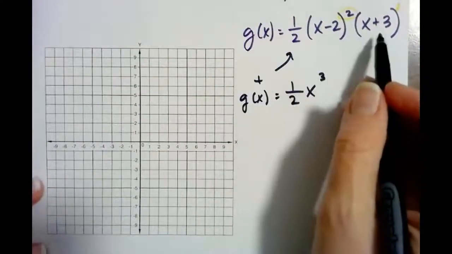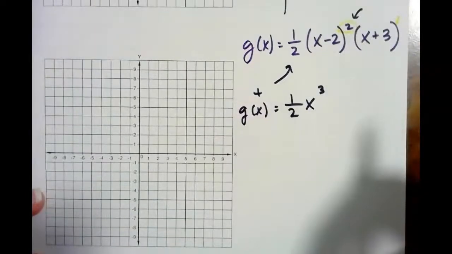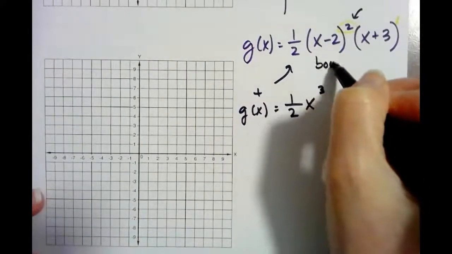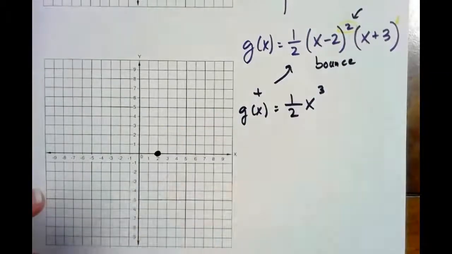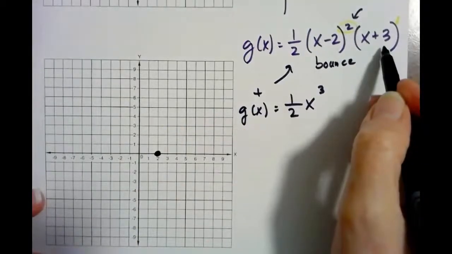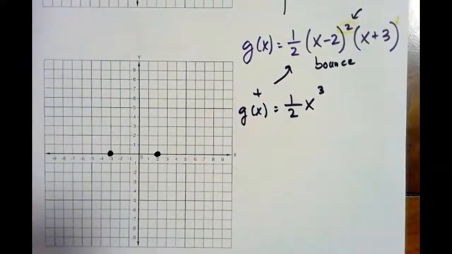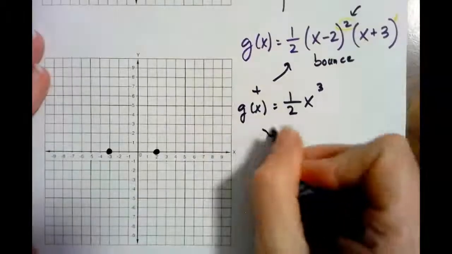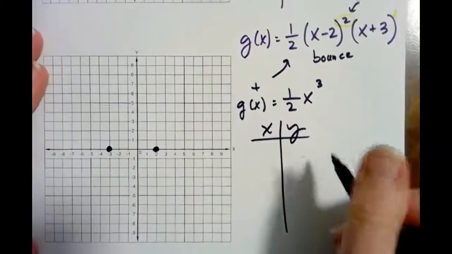So we do have some zeros here, and because this has a multiplicity of 2, we know that we're going to get a bounce at x equals 2, but we are going to pass through x equals -3.